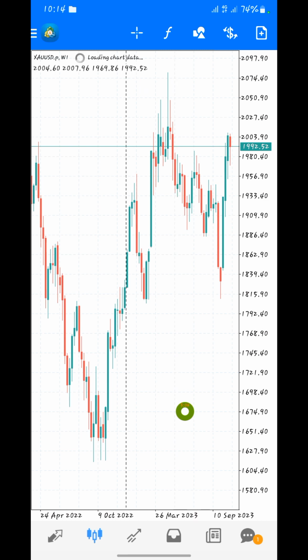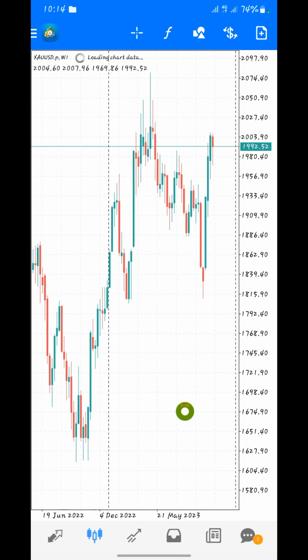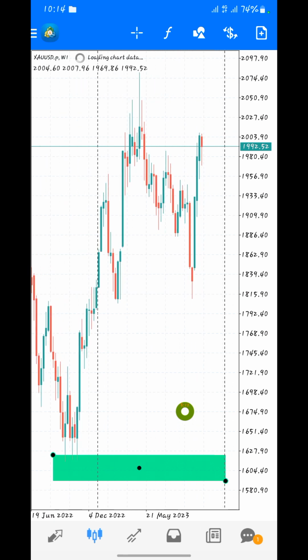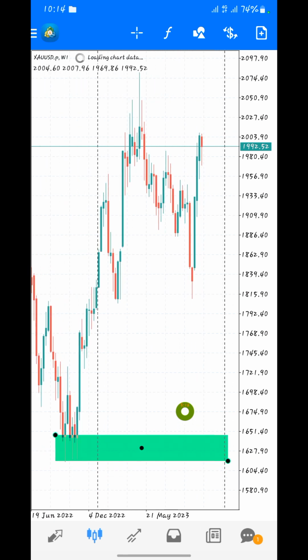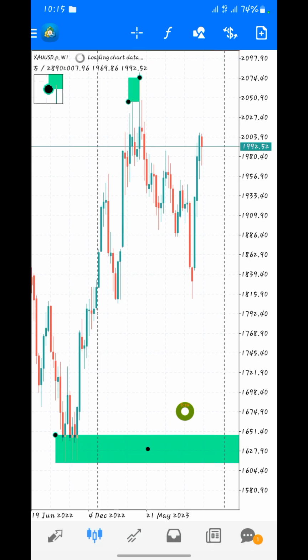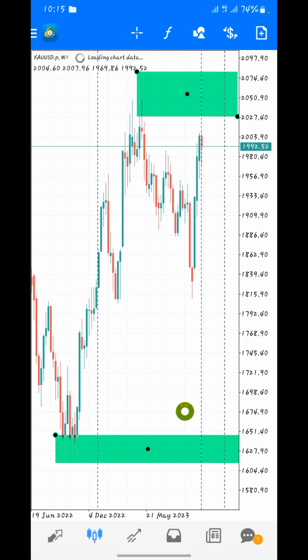So fast forward, we shall just mark the zones where the market started, putting my support area at this point because that is where the market started off, and then putting my resistance area at the point the market reached and never broke.